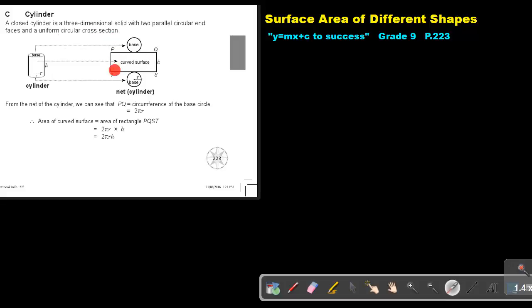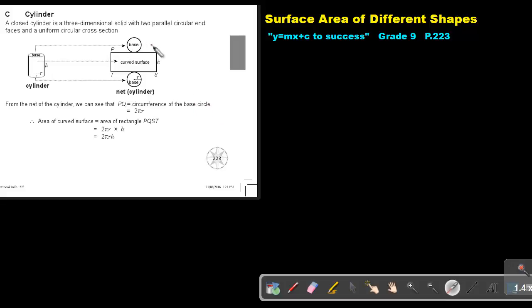So if I look at the net of a cylinder, this curved surface area will form a rectangle, and the base on top and at the bottom will form a circle. From the net of a cylinder, we can see that PQ is the circumference of the base circle.